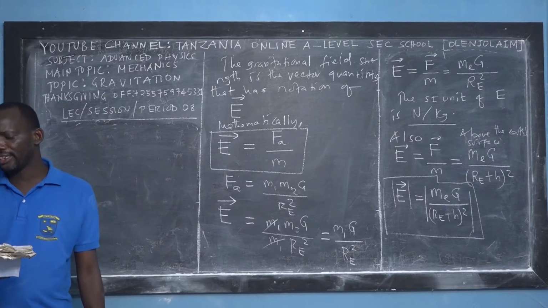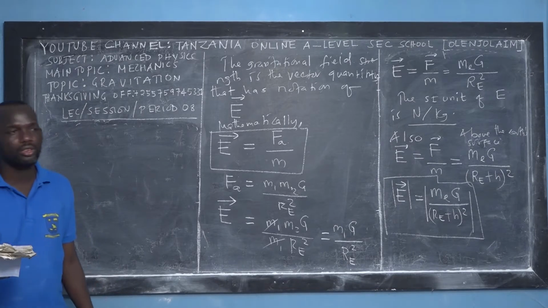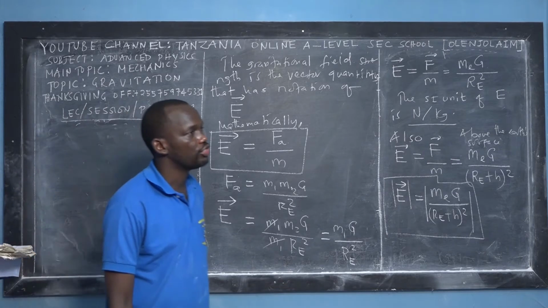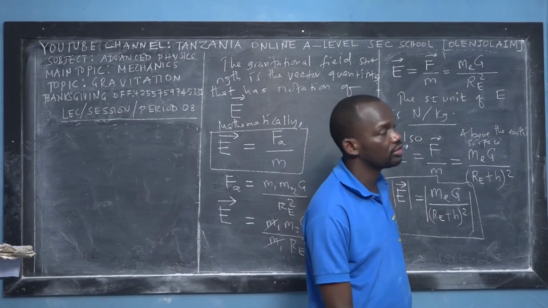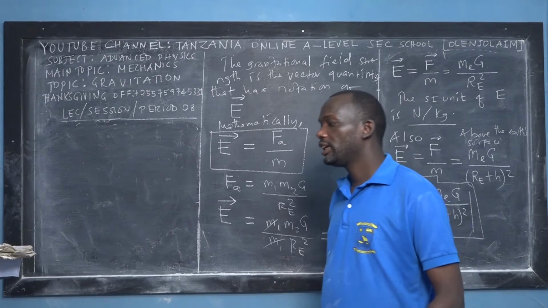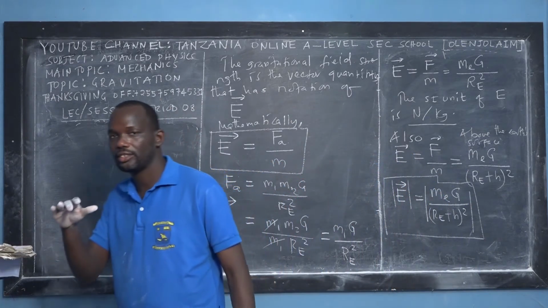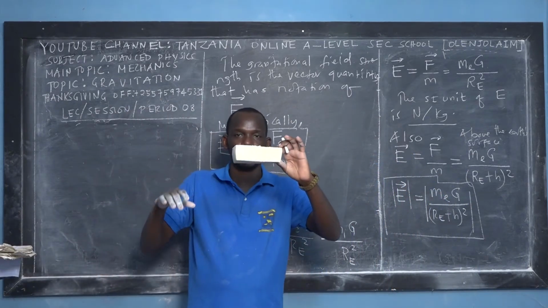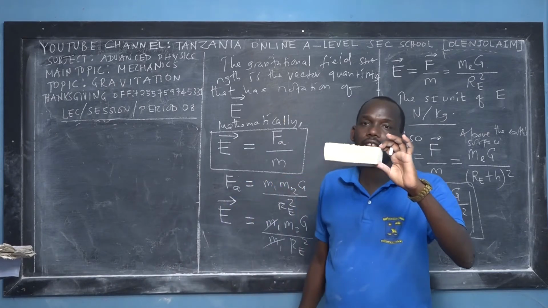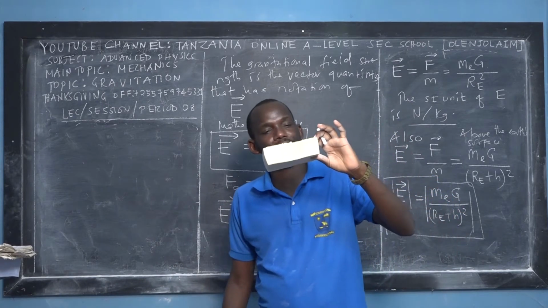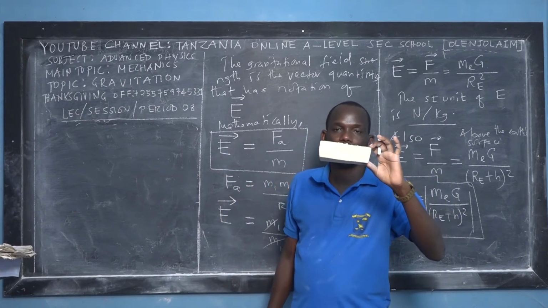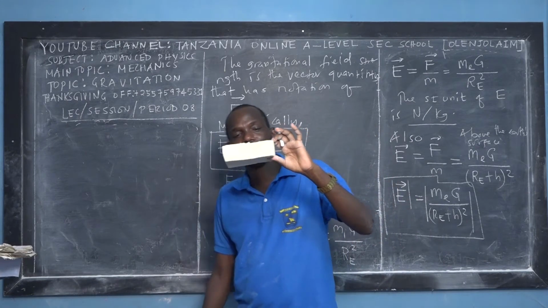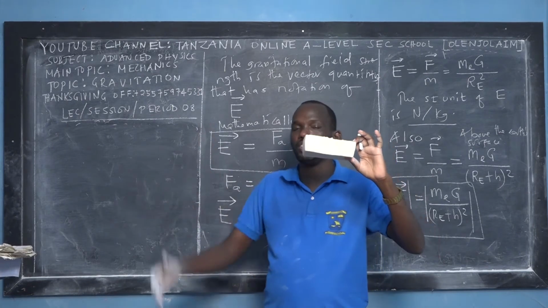So we have to think about the work done required, because work done is the product of the force times the distance moved. Suppose this is the Earth's surface, and the physicists have used a rocket that has been carrying the satellites outside of the space.